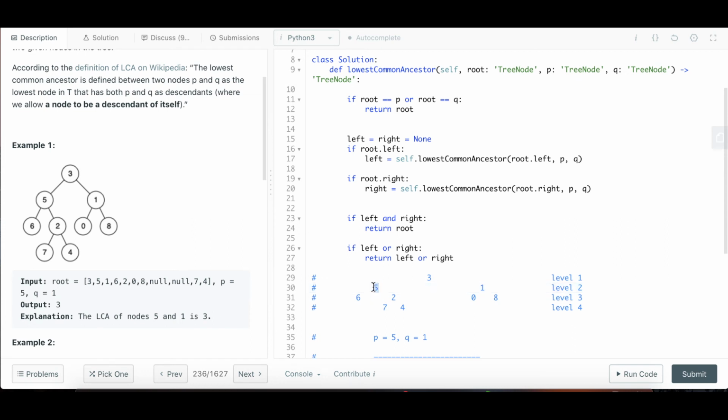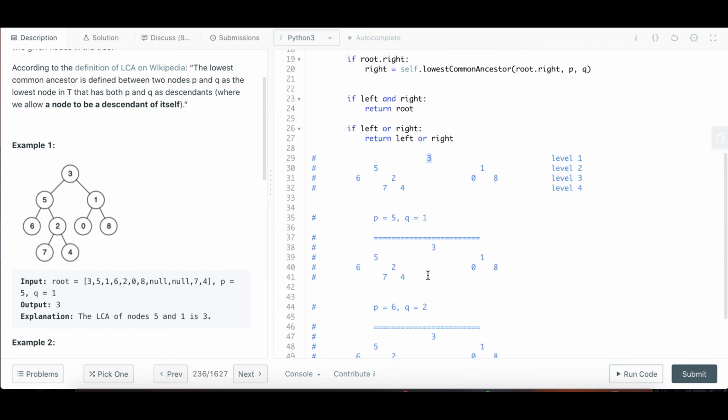Now your left points at 5. You're done here, you go to the right subtree. Now your root is 1. You call this function again, bam, you got the Q, you return the root. Now both right and left got some values. They are not none anymore. Because none of them is none, you return root, which is 3, which is the correct answer.